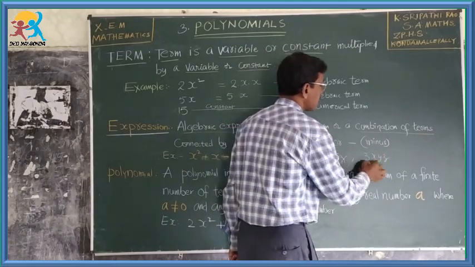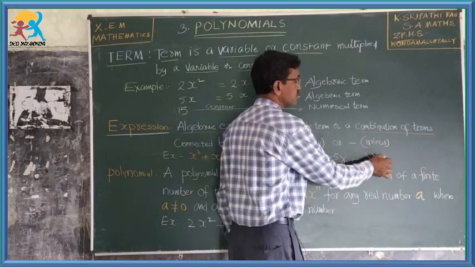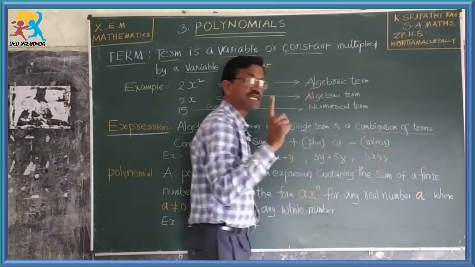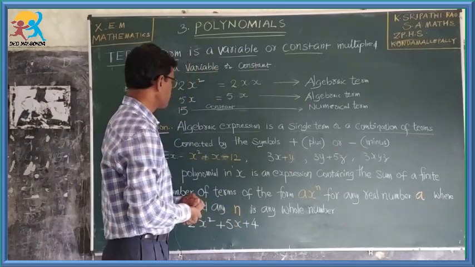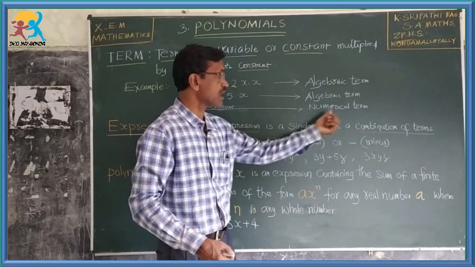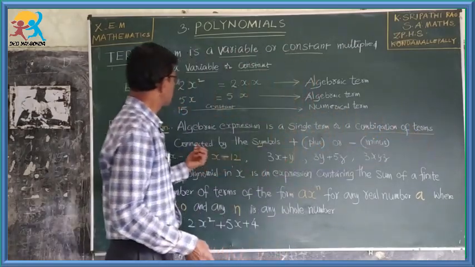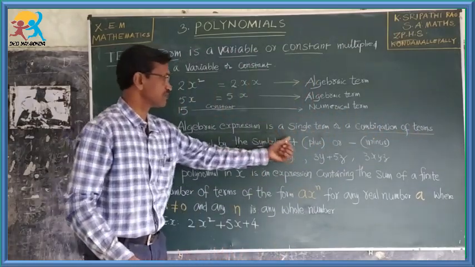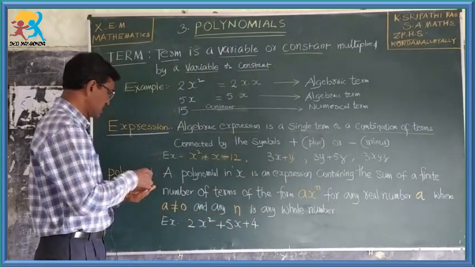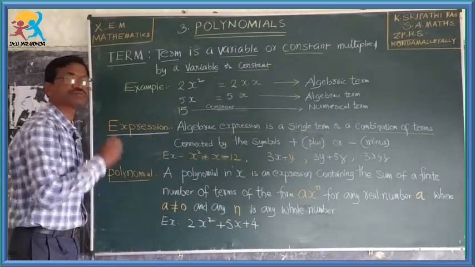This is a product of 3 into x into y into z. Therefore it is only a single term. Therefore an algebraic expression may be a single term or a combination of terms connected by the symbols plus and minus. Next, let us go to the concept of polynomial.